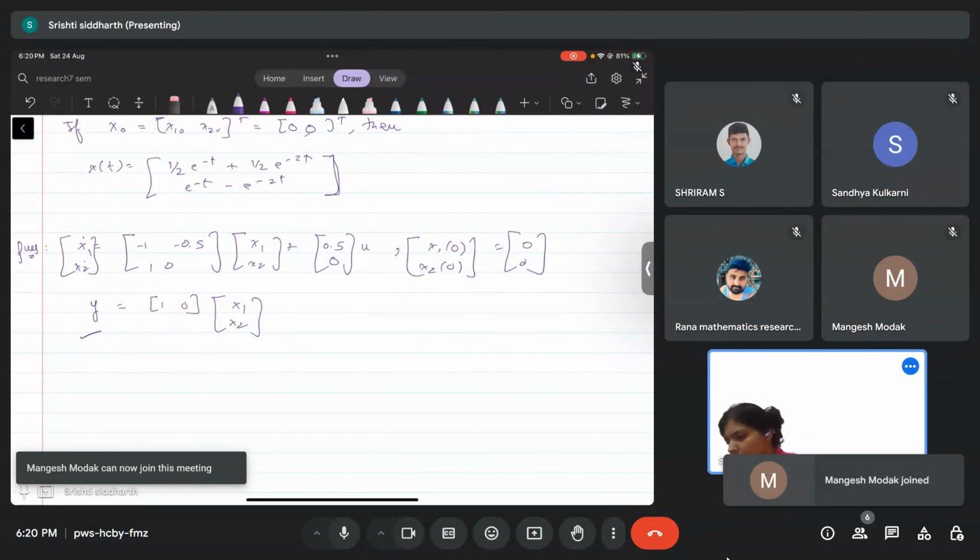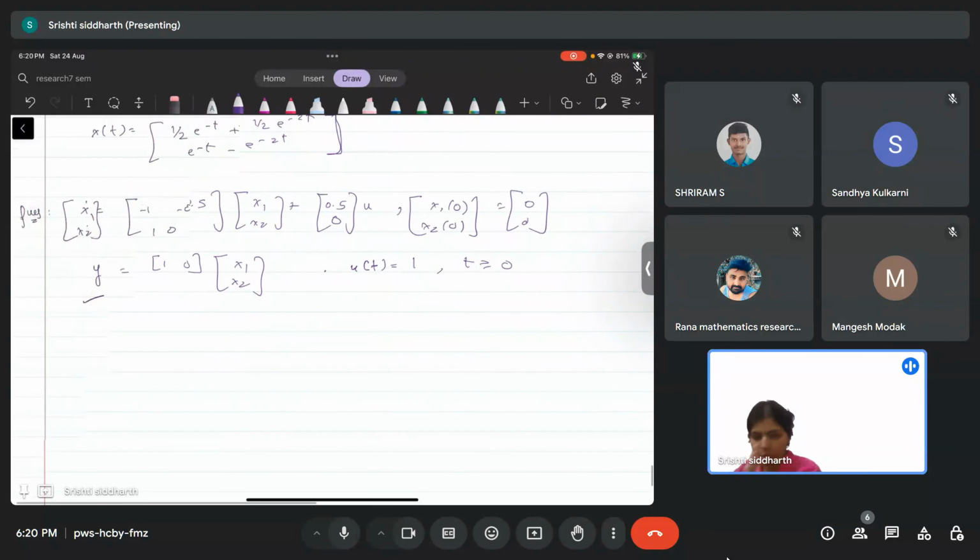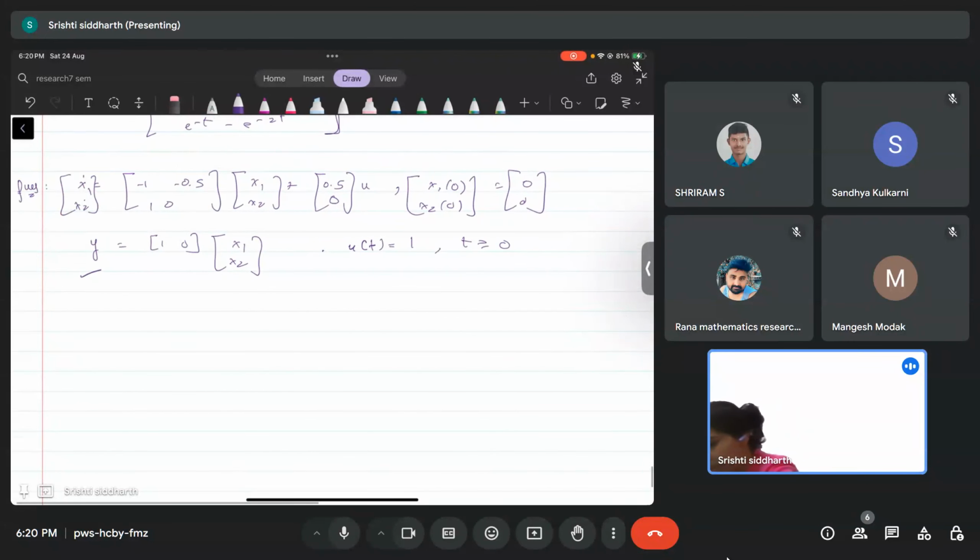alright. It's also given that the input again is just the step response, so 1 for t greater than or equal to 0. So you already know by now how to compute the state transition matrix e to the power At. I am going to write that down directly. Okay.